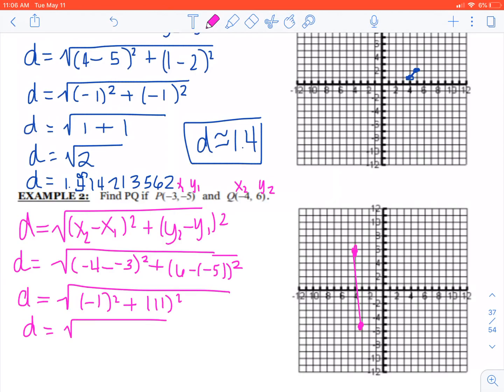All right, negative 1 squared is 1. 11 squared is 121. Add them together, you get 122. It does not say to round in this one, so we're going to leave it in square root format. That's called an exact answer. We're just going to leave it when it doesn't tell us to round.